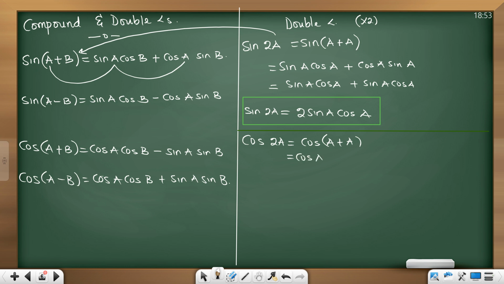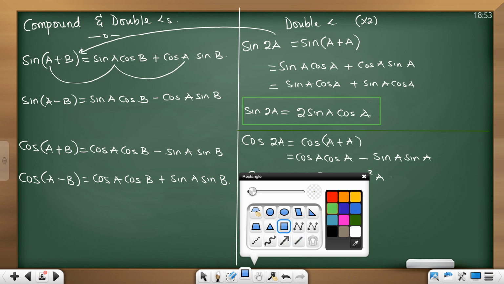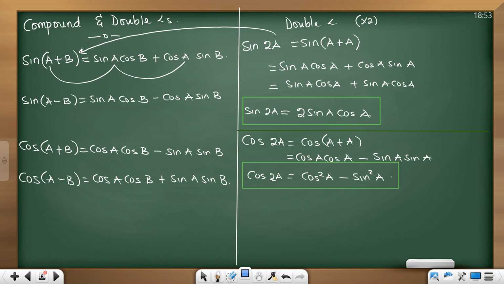Cos A cos A minus sine A sine A, which is cos squared A minus sine squared A. And that formula is readily available on the formula page.